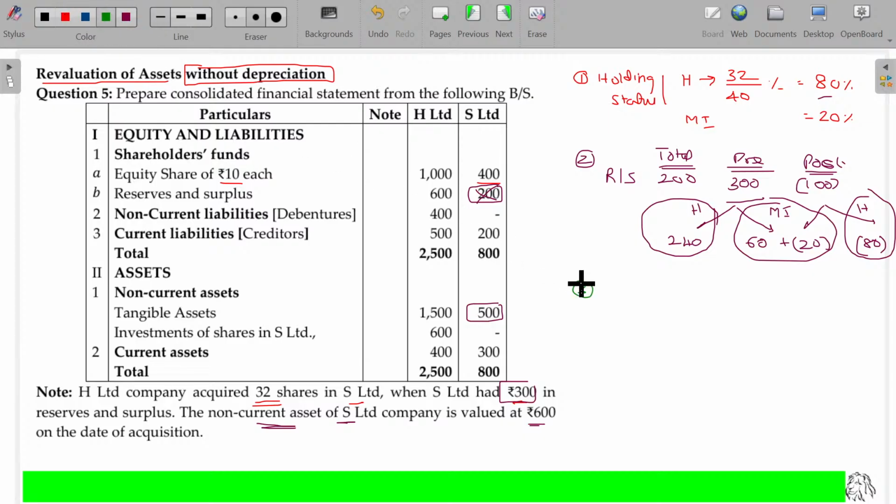Third, revaluation of assets and liabilities. Book value being 500, revalued value being 600. 100 rupees is the revaluation profit. This revaluation profit will always be called capital profit.